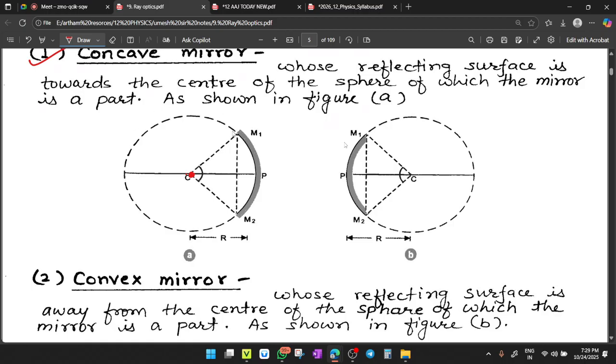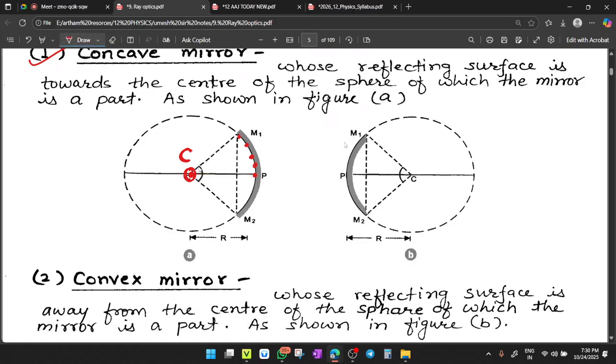The center of that imaginary sphere is called the center of curvature, and the distance from any point of the mirror to that center is called radius of curvature. So this is the radius of curvature. This is also a radius of curvature. But remember, radius of curvature is only taken as this one length.